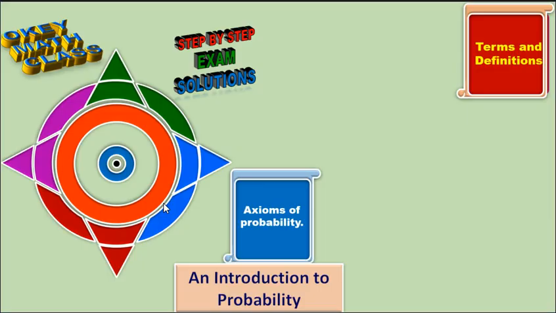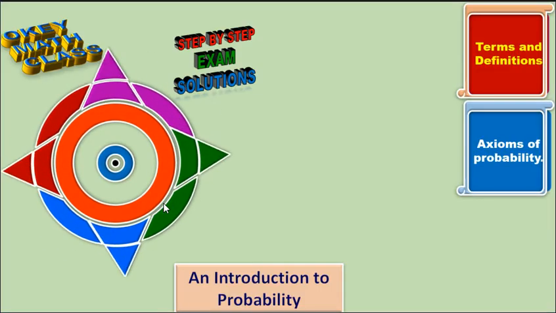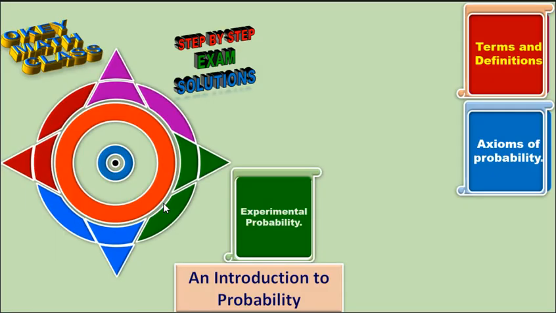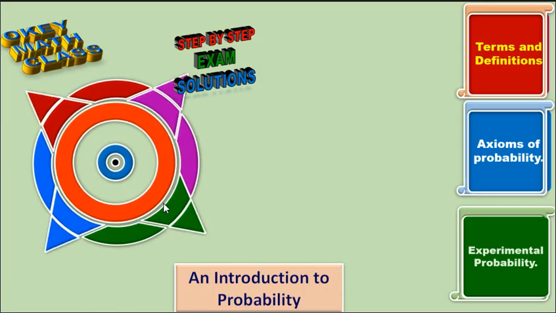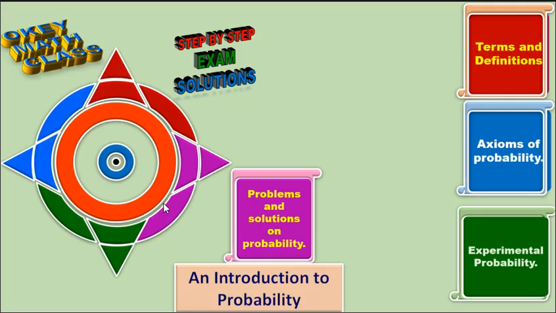Number 2, the axioms of probability. Number 3, experimental probabilities. Number 4, problems and solutions on probability. For this introduction, these are the topics we'll be looking at.